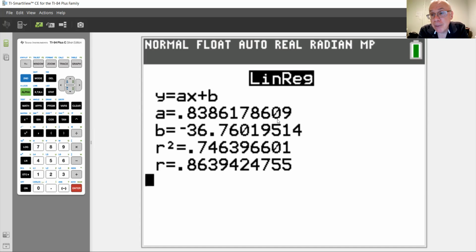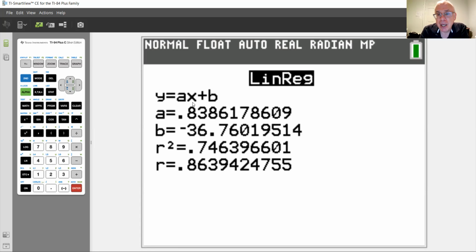You can make predictions. For the predictions you have to take some pencil and paper and write down the equation. You replace the a with this number, you replace the b up here with this number, and that's your equation. That's your y hat. They don't show y hat, but it's a y hat.